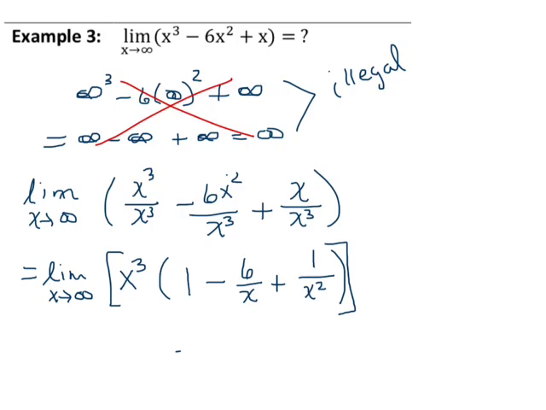So I've got something that looks like this. Now I want you to recall from a previous theorem that these things right here go to 0. So I'm going to write 0. Alright, well, it seems that we're just left with x cubed times 1.